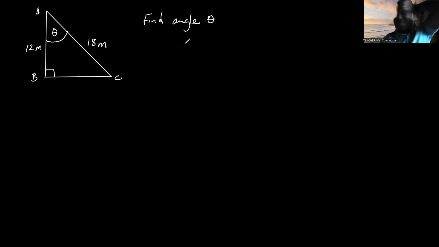We have to find the angle theta, but we are given two sides. So what do we do? We label the sides with respect to the angle. The side next to the angle is adjacent to the angle, ADJ. The longest side, opposite the right angle, is the hypotenuse.